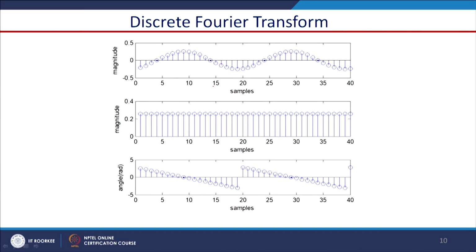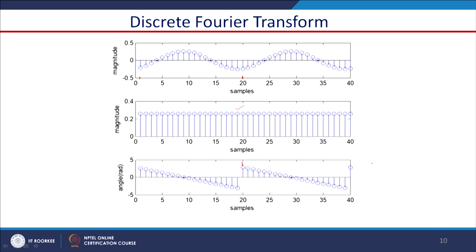Now, this is how the 20 samples per cycle look, starting from 1 and ending with 20. This is the magnitude part and this is the angle part. You can see how these angles are varying. Here is one cycle, 20 here at this point, and here another cycle, and the angle varies like this.